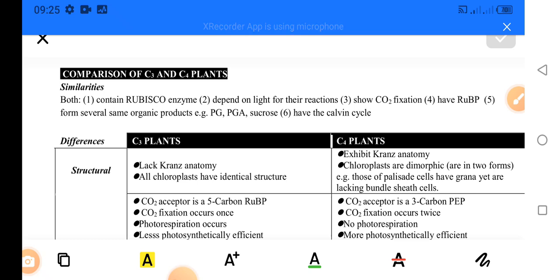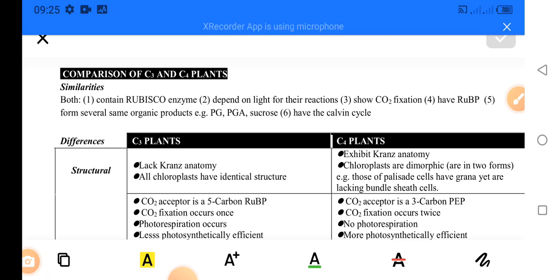1, both contain rubisco enzyme. I'm saying that both contain rubisco enzyme. Then the second point is that both depend on light for their reactions. Then 3, both show carbon dioxide fixation. Then 4, in both they have the RuBP.